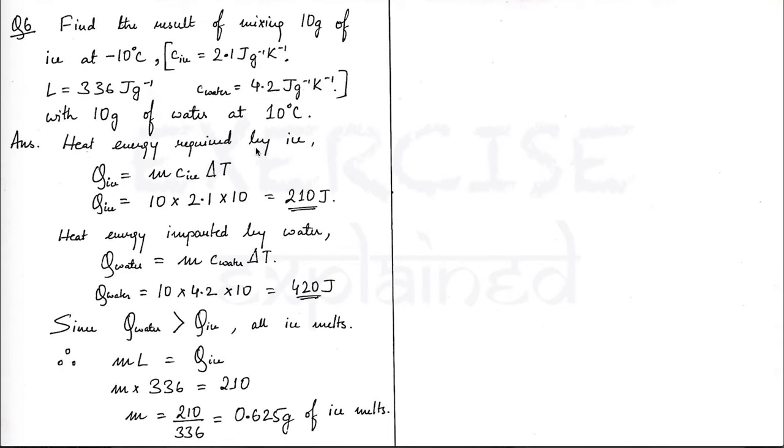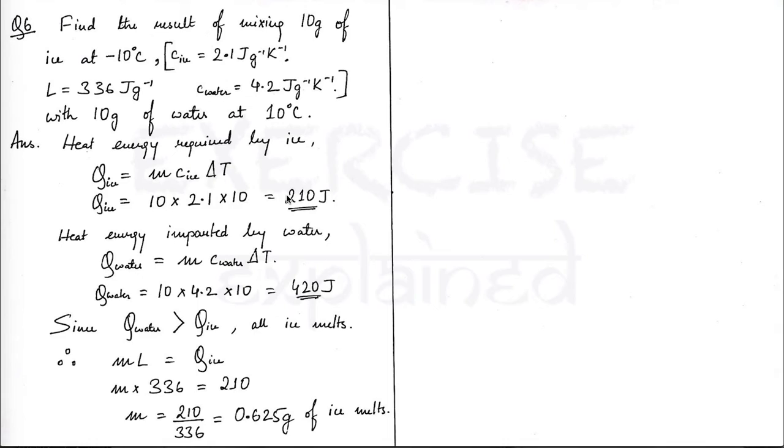So heat energy required by ice to increase its temperature from minus 10 to 0, since there is only change in temperature, we will be using mc delta T. So Q of ice is equal to mc delta T. So Q of ice is equal to 10 into 2.1, that is specific heat capacity for ice, into delta T, that is 10. So 10 into 10 gives us 100, 100 into 2.1 gives us 210 joules.